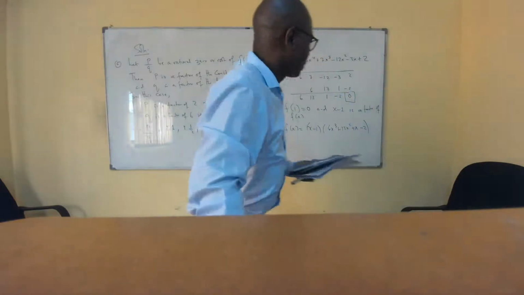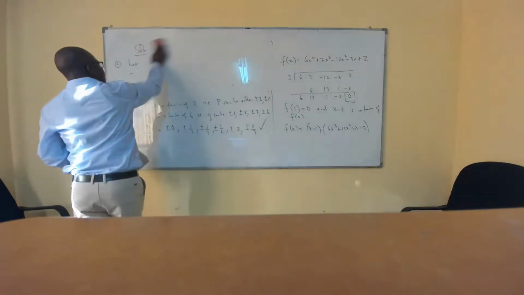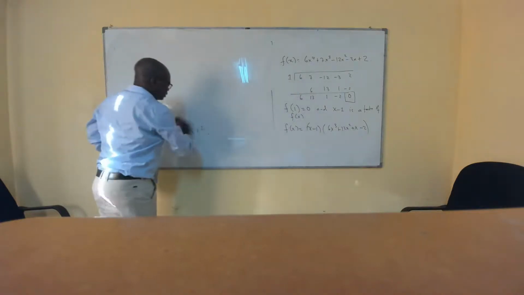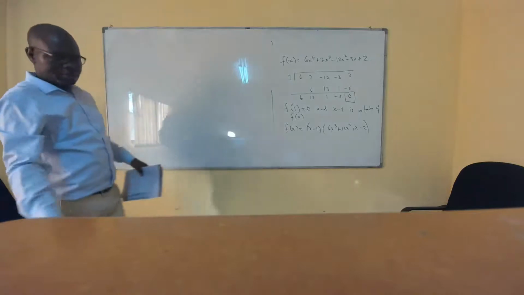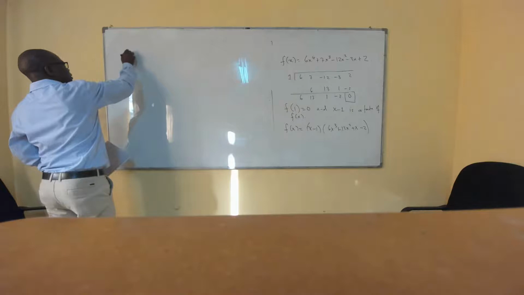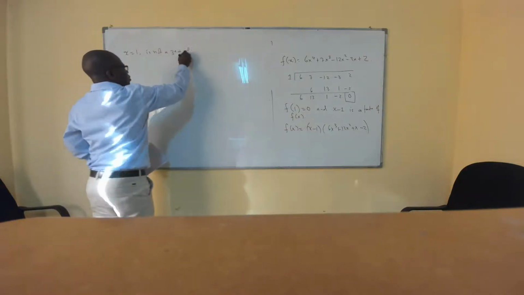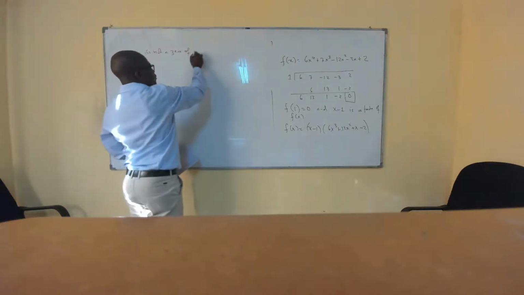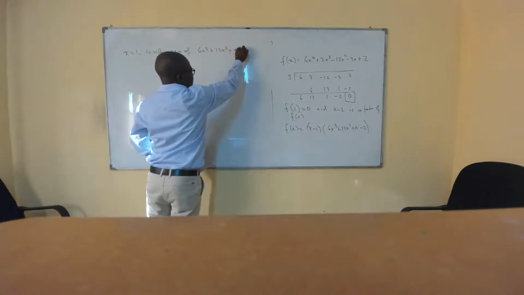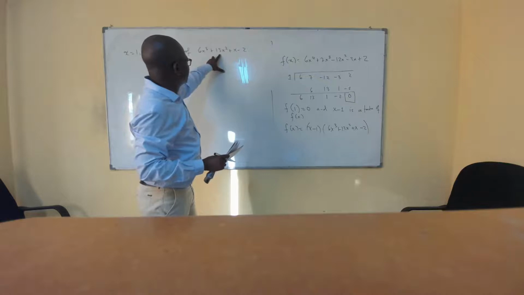So what you do is, okay, 1 is not a zero of that. Just write this, you say x equals 1 is not a zero of f of x, 6x to the power 3 plus 13x squared plus x minus 2, because when we add the coefficients, the sum is not 0.